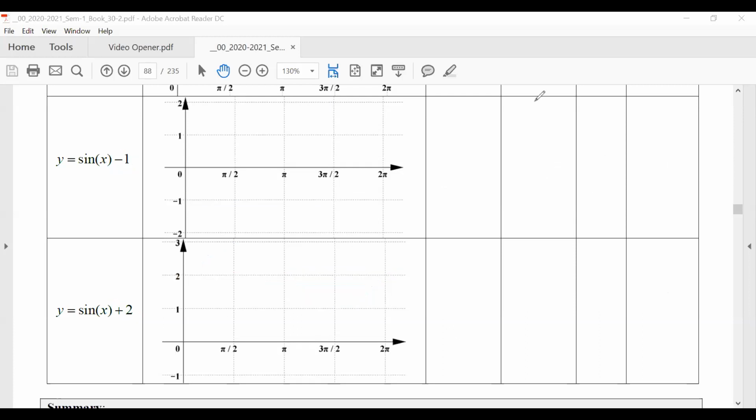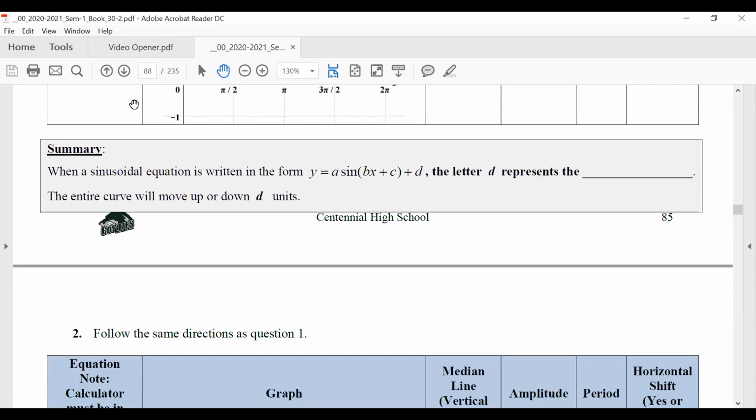I'm hoping you were able to tell me that, this is the most important part here, the summary: when a sinusoidal equation is written in this form, the d value, the letter d, I should maybe call that the parameter, represents the median line.